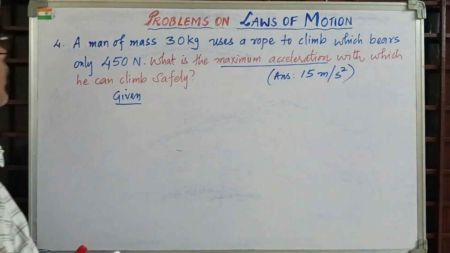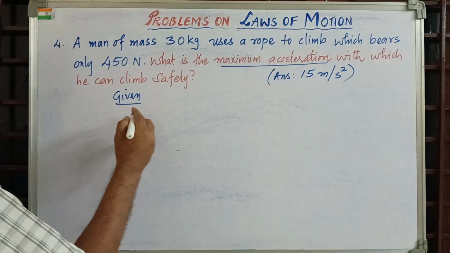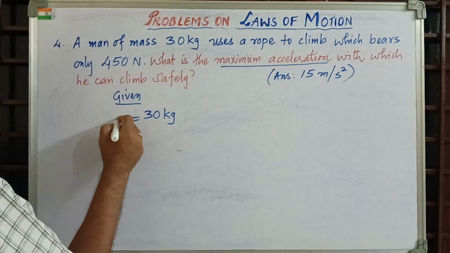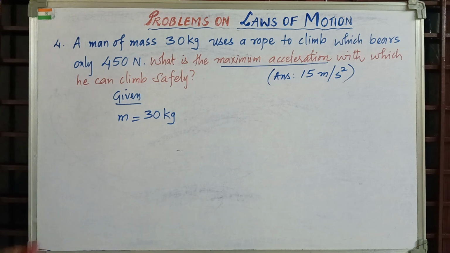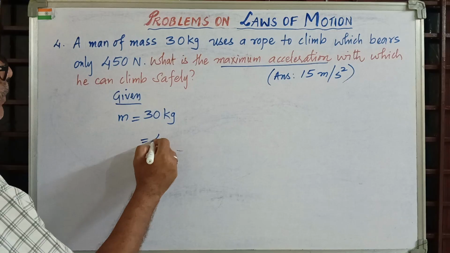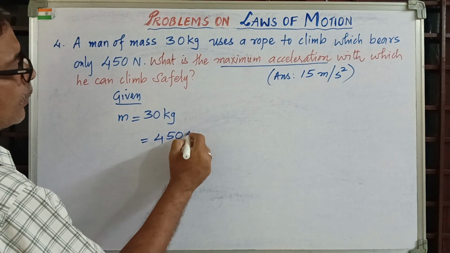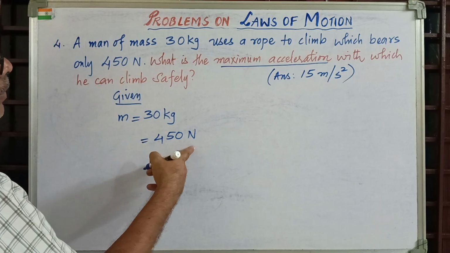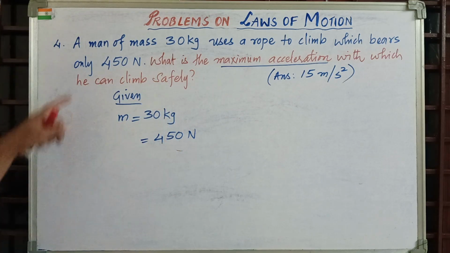So what is given? 30 kg is given. That means mass is given. Then climbs and bears 450 Newton. Newton is given. See, 450 Newton. I am taking what is given, because nowhere it is given force.